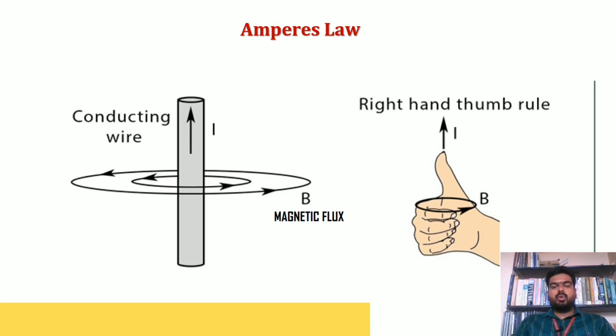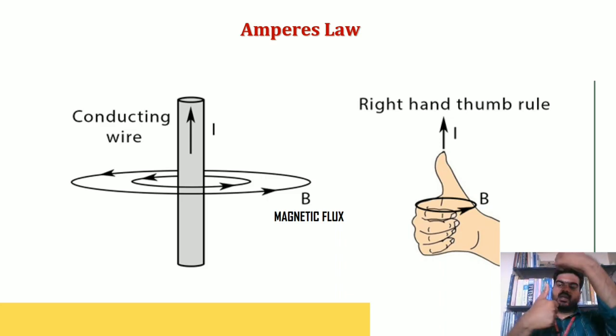So this is the rule. If you pass any current in the conductor, that produces some magnetic flux. That can be understood by your right hand thumb. If you keep this thumb like this, this straight line can be assumed as a conductor.